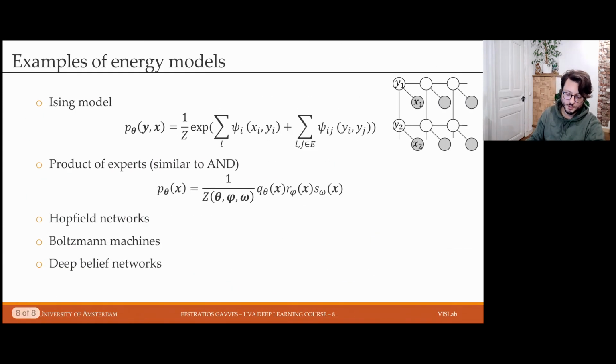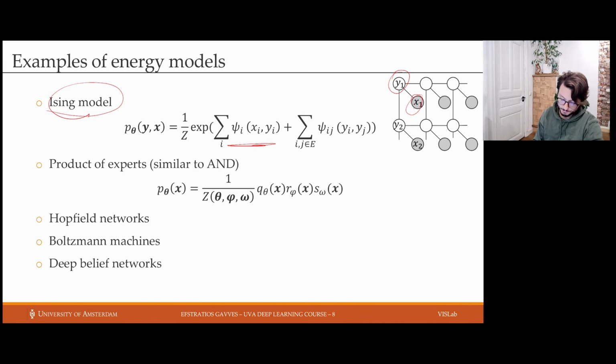Some examples of energy models are the Ising model, which is computed as a potential between xi and yi. Xi is the observed pixel, so let's say the noised-up version of an image, and yi is the true pixel values that we want to recover, so the latent pixel values that we want to recover.